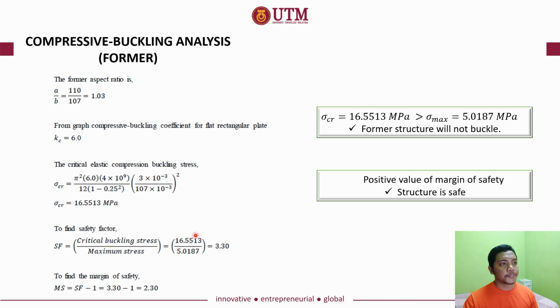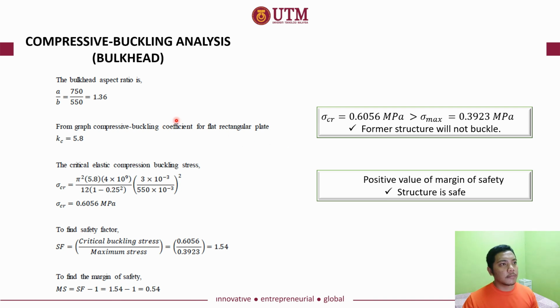And since the critical compressive stress is larger than the maximum stress from the ANSYS result, the former structure will not buckle. And since the value of the margin of safety is positive, therefore the structure is safe.